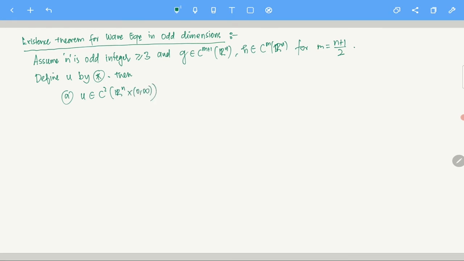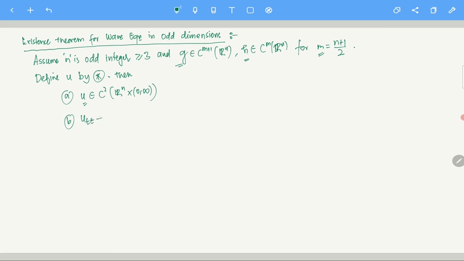Please realize this thing: the regularity on G and H is not to get more regular u, but just to compensate the dimensions. So u is in C2. Number 2, of course, u satisfies the wave equation.